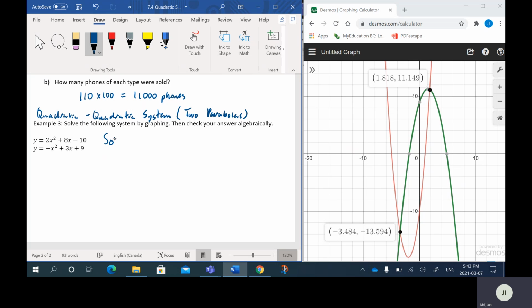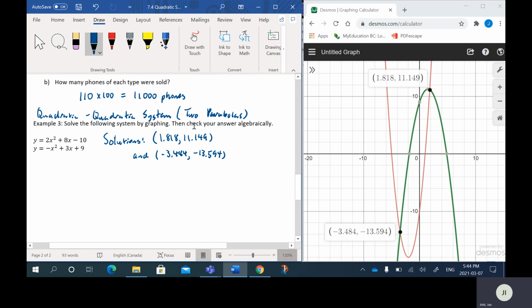As it turns out, our solutions are the first point there, 1.818, 11.149. And my other solution is going to be negative 3.484, negative 13.594. Okay, so those are my two solutions.